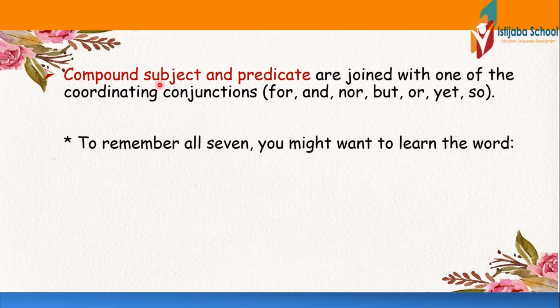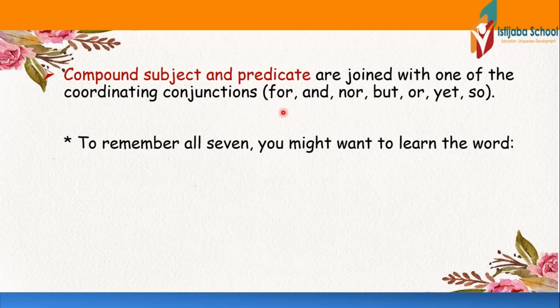In order to form compound subject or compound predicate, I have to join the subjects and the predicates. And in order to do so, I use coordinating conjunctions, which are for, and, nor, but, or, yet, so.